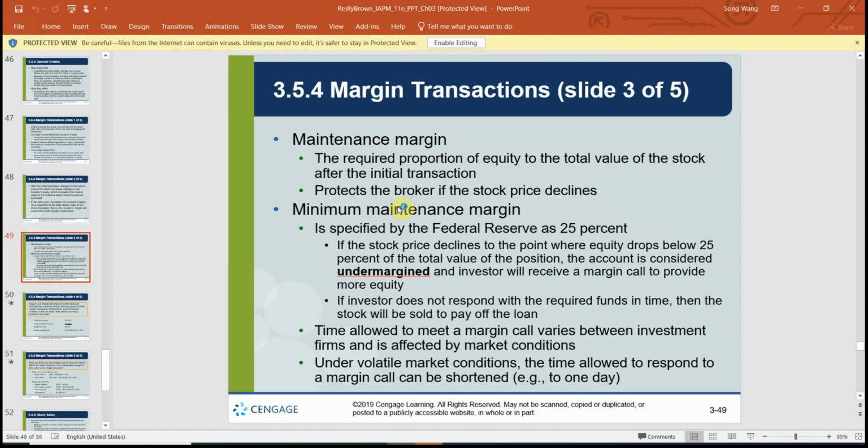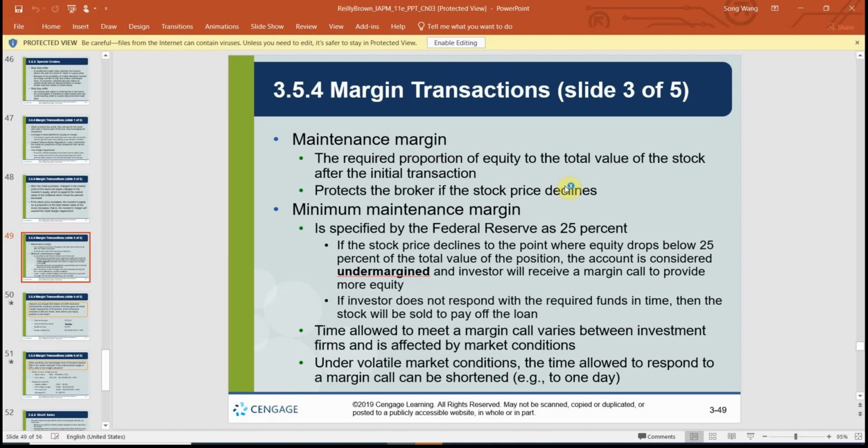If it drops to a certain level, the broker will execute a margin call. So margin call basically means the minimum maintenance margin must be maintained. So if your own margin drops below 25%, then the position has to be liquidated automatically. That means the broker who holds your stock will sell the stock immediately to cover the money they loaned to you.